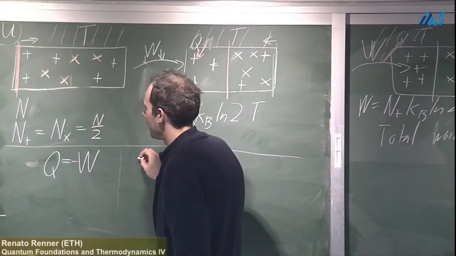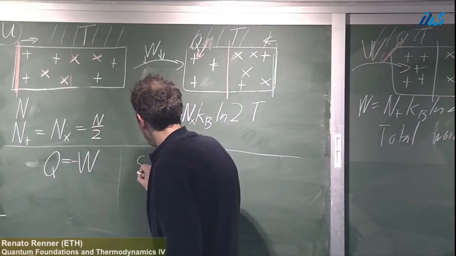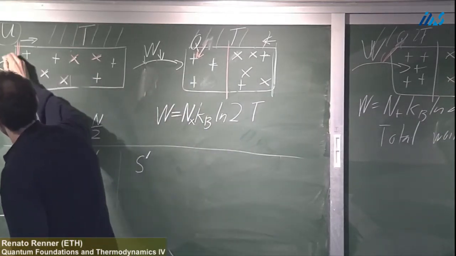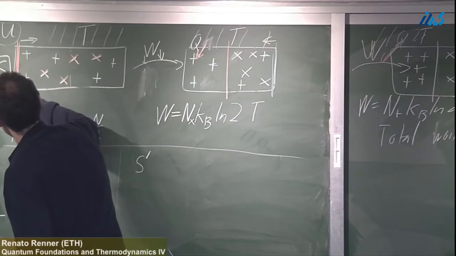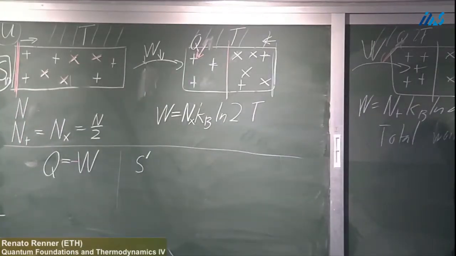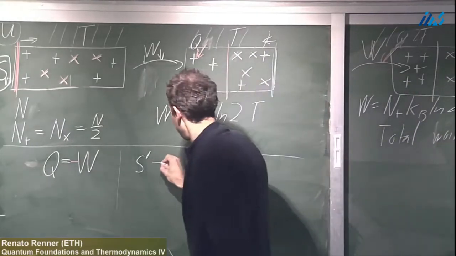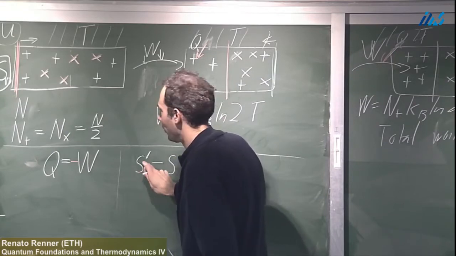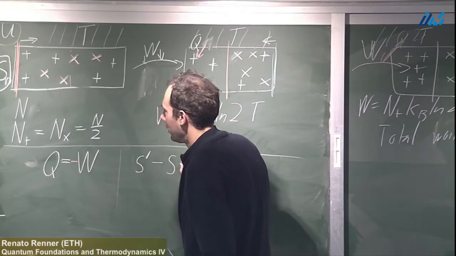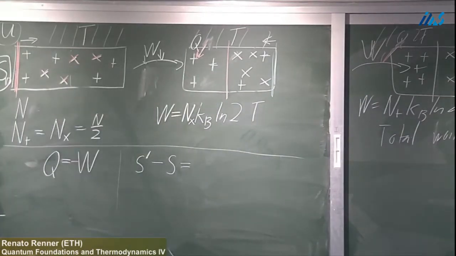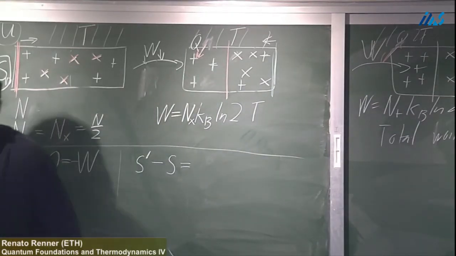So the entropy at the end, let's call the entropy here the initial entropy, the thermodynamic entropy S, and S prime the entropy at the end of this process. So the entropy change is, of course, S prime minus S, which by definition I can just integrate, because the temperature is by assumption constant.